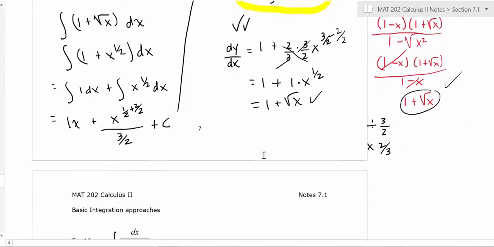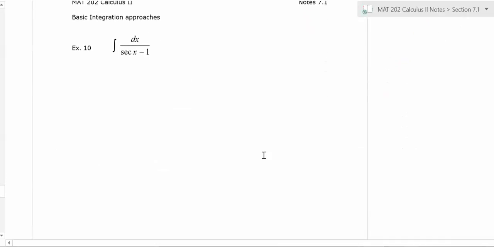Okay, now let's do this next one here. Again, you want to think about trying to multiply by a conjugate and just see what happens. With this one, I'm going to work with this for a while over at the side with some of the algebra, before we even get to doing the integral.